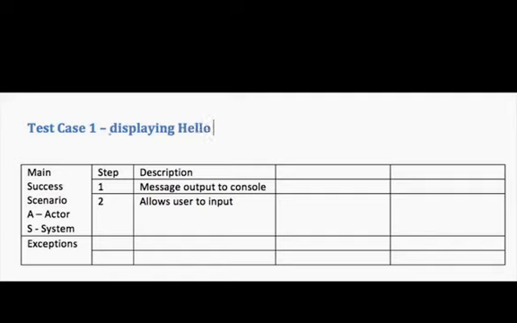Displaying hello world. Then you have an expected outcome, which is the first extra column that you add to your use case table for your test cases. Then you record the actual outcome.